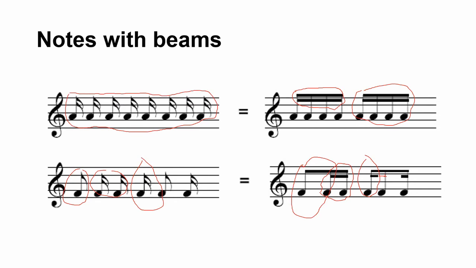So that's why the beam here doesn't extend up to this one. And then the next one also is a semiquaver, which has two beams, the main one and then the shorter one. So sometimes you see music that looks like this. The beams are just a cleaner way of writing a piece of music that looks like this. Okay.